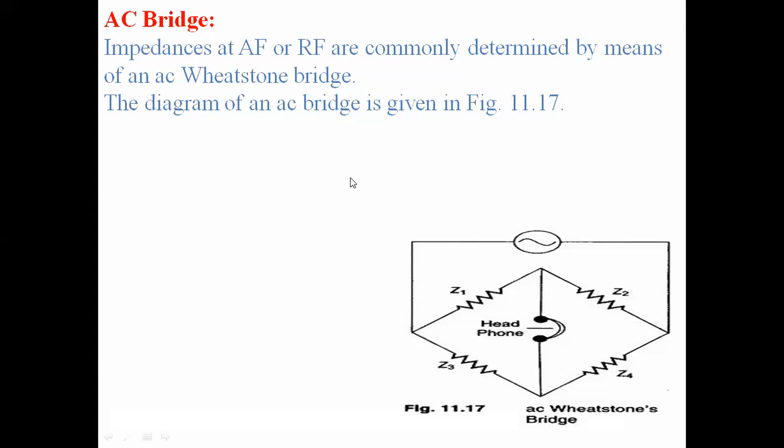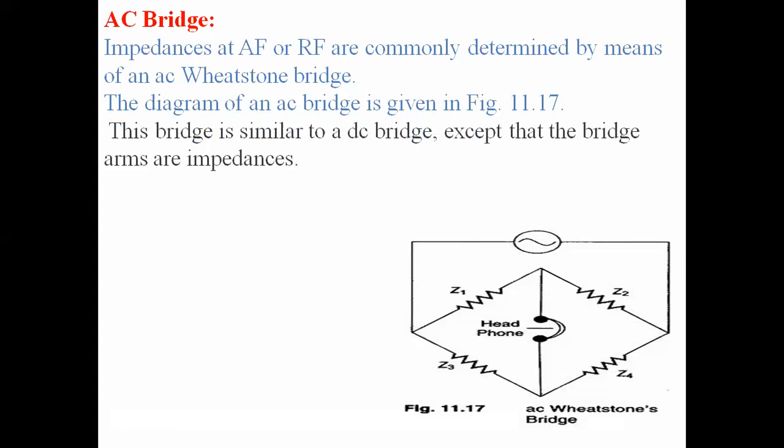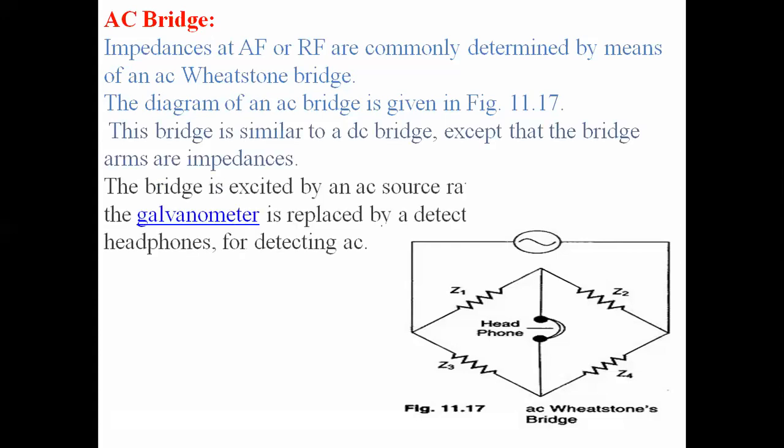So this bridge is similar to the DC bridge except that the bridge arms are impedances. The bridge is excited by an AC source rather than a DC source, and the galvanometer is replaced by a detector, that is a pair of headphones or AC detecting devices.